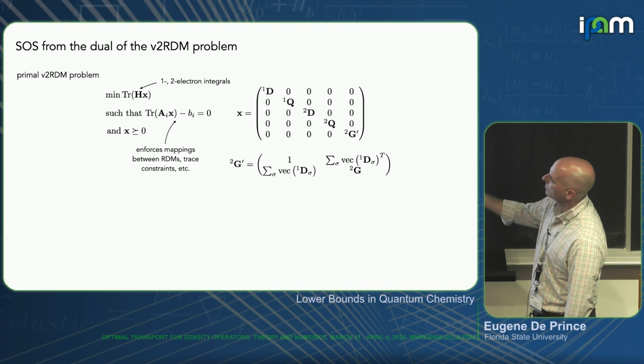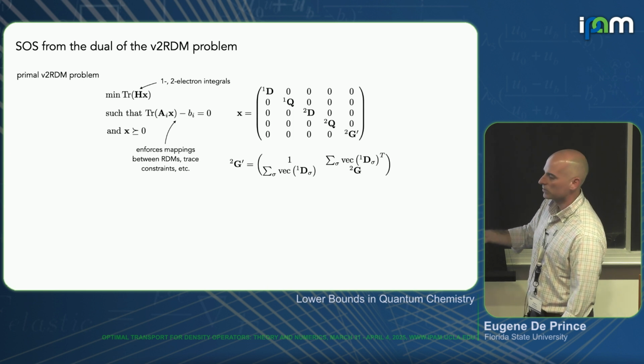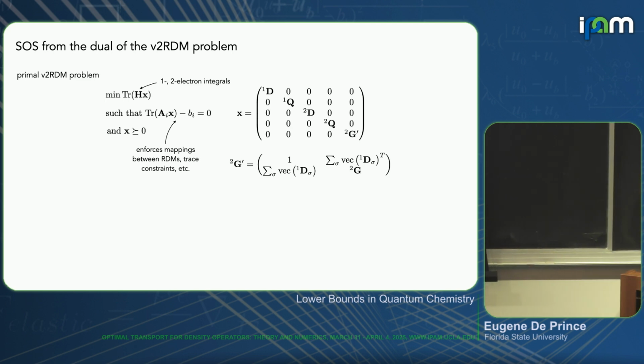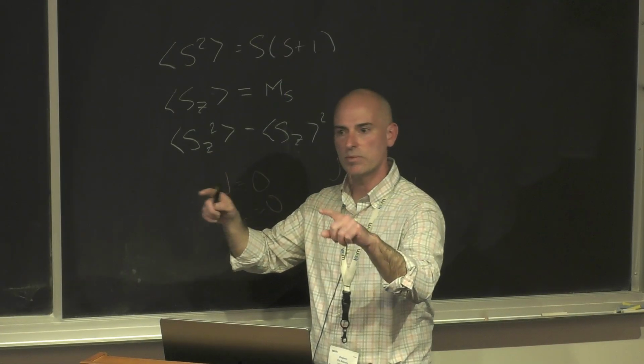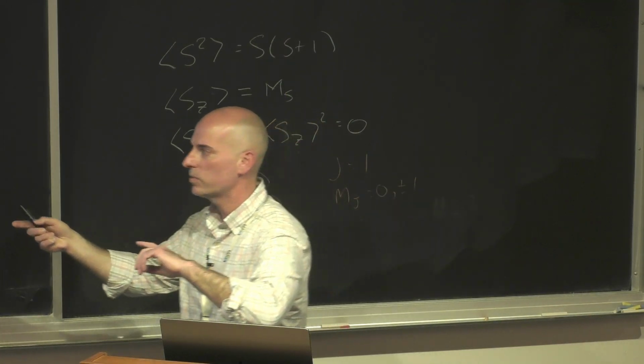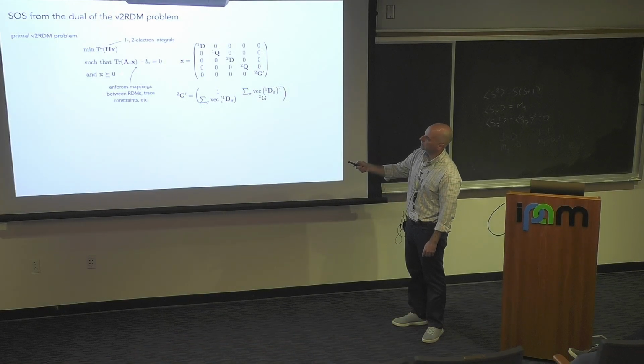Okay, so this is my primal solution space. I want to trace this against the Hamiltonian such that a whole bunch of linear constraints are satisfied. These linear constraints are going to be things like these spin constraints or mapping conditions between different density matrices, like how D1 and Q1 should be related to each other, trace constraints, and so forth. And then also this solution needs to be positive semi-definite.